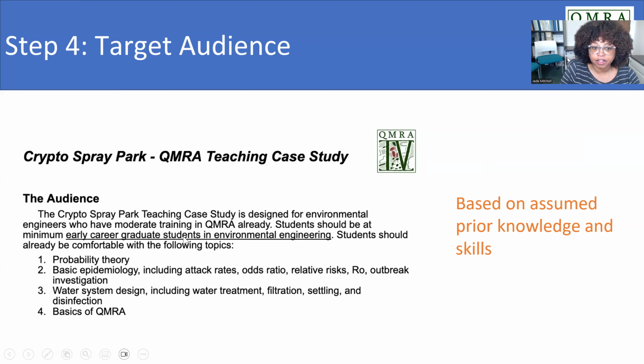For this particular case study, we have chosen environmental engineers who have some moderate training in QMRA, so it's already been introduced to them, and perhaps they've seen multiple examples of QMRA being used for other scenarios.